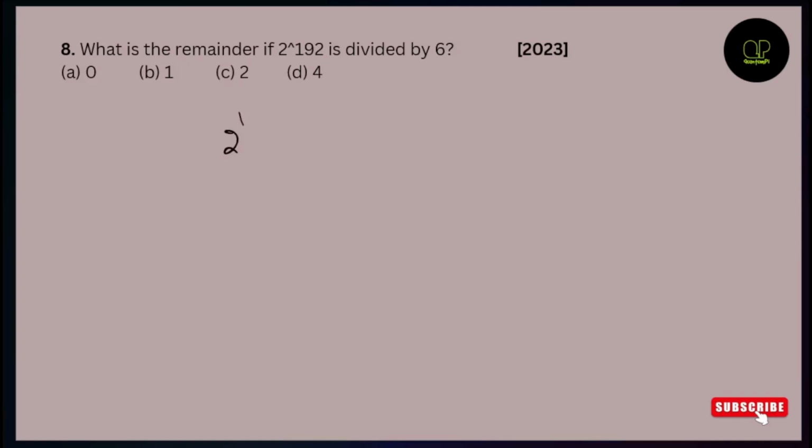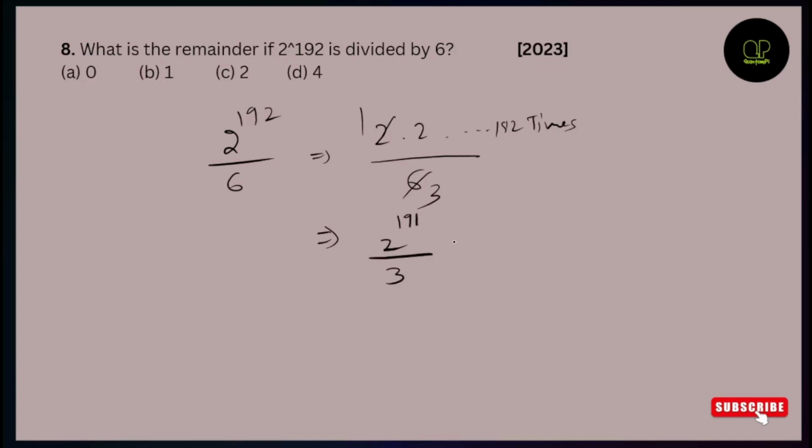Remainder when 2 power 192 is divided by 6. Okay, all right. Now this is just 2 into 2, 192 times, divided by 6, right? So 2 power 192 would be 2 into 2 power 191, now divided by 3.